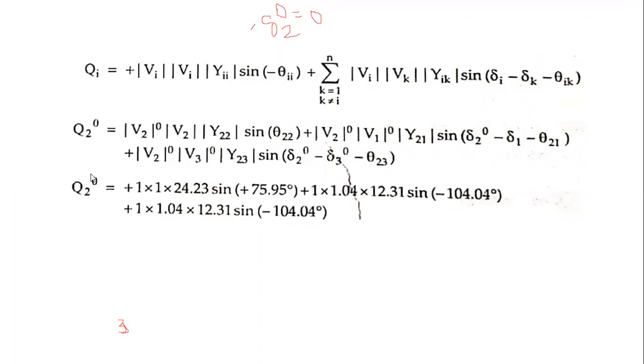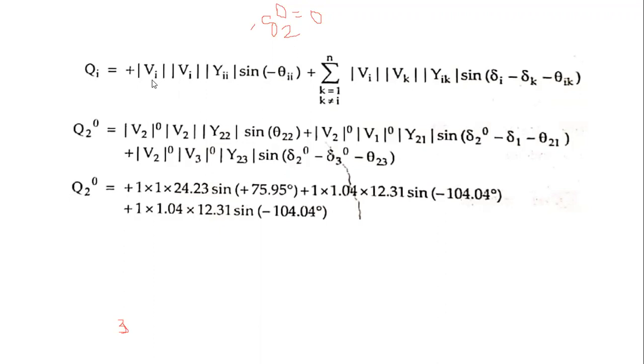By using this formula, we will determine Q2 of 0. I is equal to 2, and k equal to 1 to n with k not equal to i means except 2, so k is equal to 1 and then k is equal to 3.